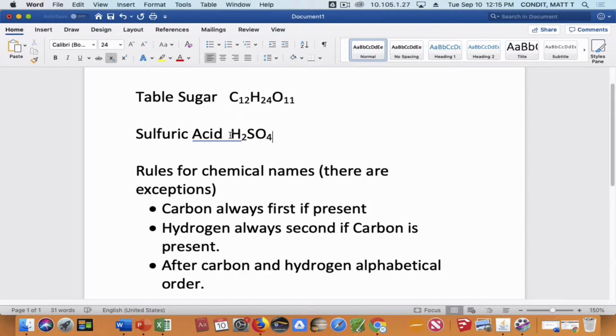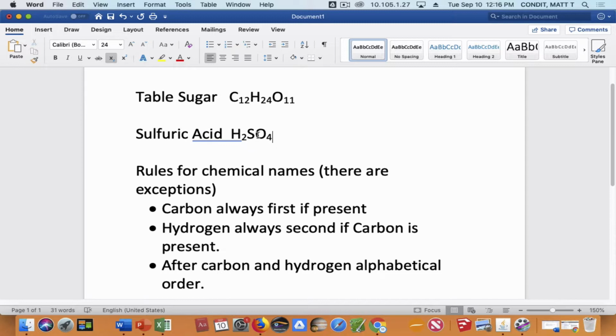Down here is sulfuric acid. Now this one looks a little different because you can see that the S for sulfur here has no number next to it at all. And if it has no number next to it, you just assume it's 1.